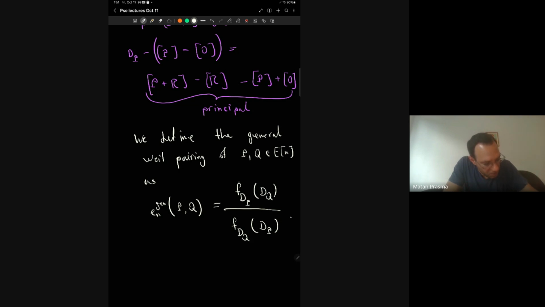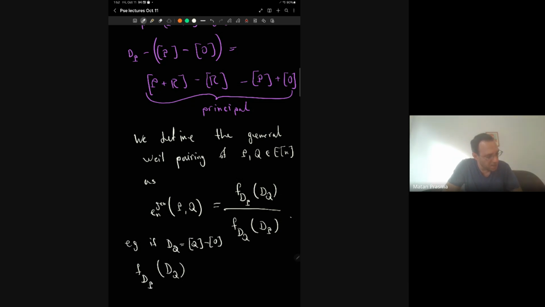Where I remind you, when you have a rational function F_DP and you want to evaluate it at a divisor, let's say DQ is Q minus O. I assume F_DP is a rational function whose divisor is n DP, so the support of F_DP is disjoint from the support of DQ.